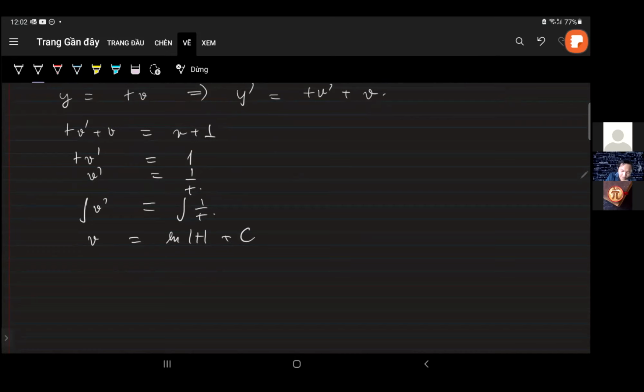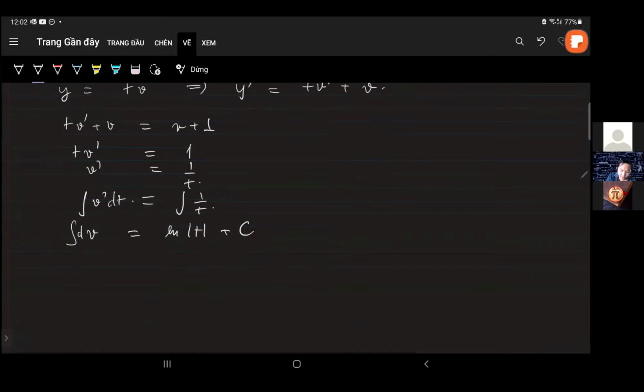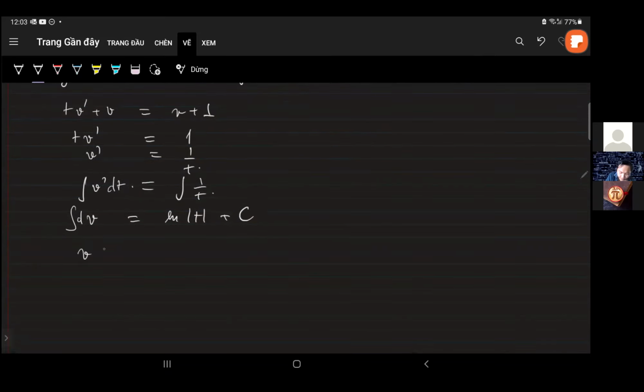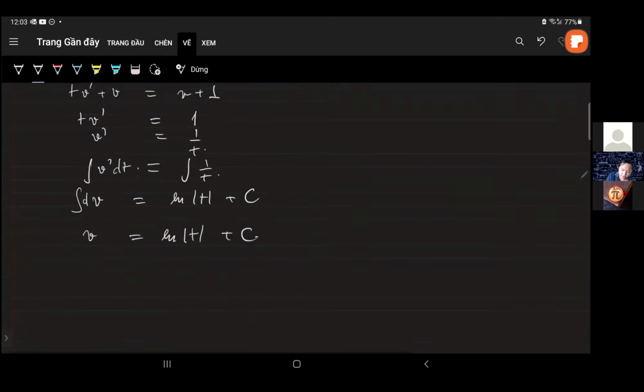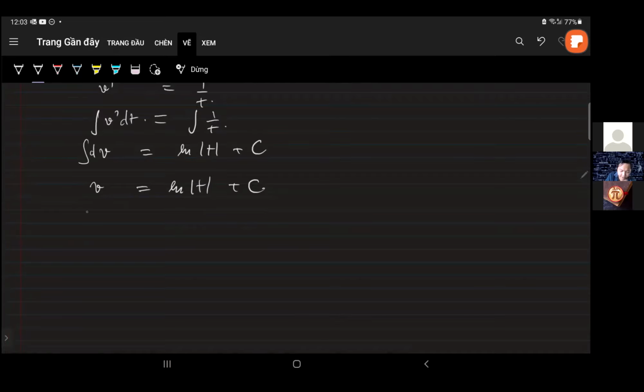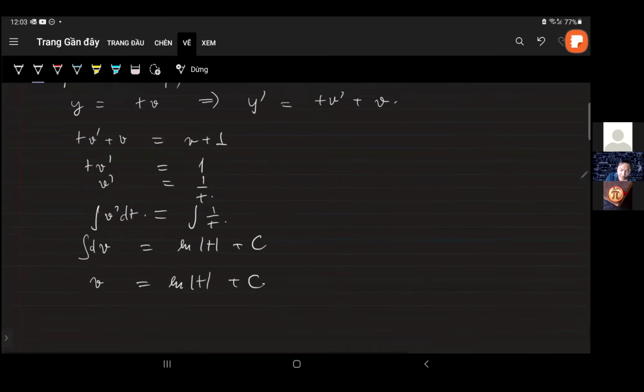Sorry, this is dv and dt. It's just the integral of dv, so v equals ln of t plus some constant, and you replace v in terms of y.